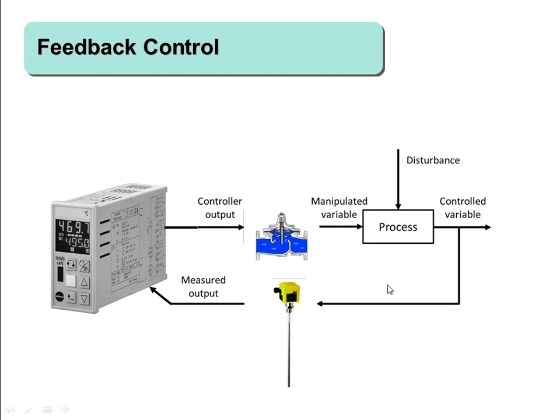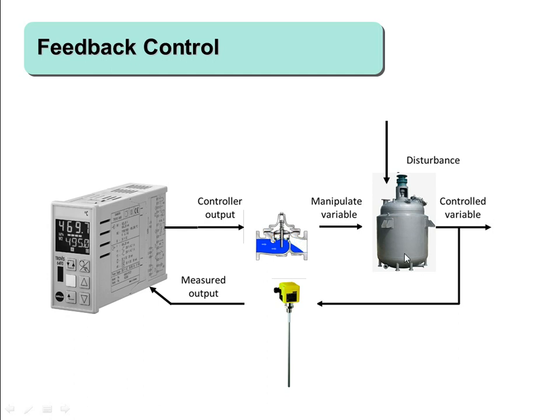It acts over a final element, typically a valve in the chemical industry, that modifies the flow that is introduced in a process. This can be, for example, the temperature measurement, and this can be the flow of a cooling system through a reactor, whose purpose is to remove the excess heat of the reactor and maintain a desired temperature in the reactor, even if we are subjected to some disturbances, changes in flow or temperature in the input.